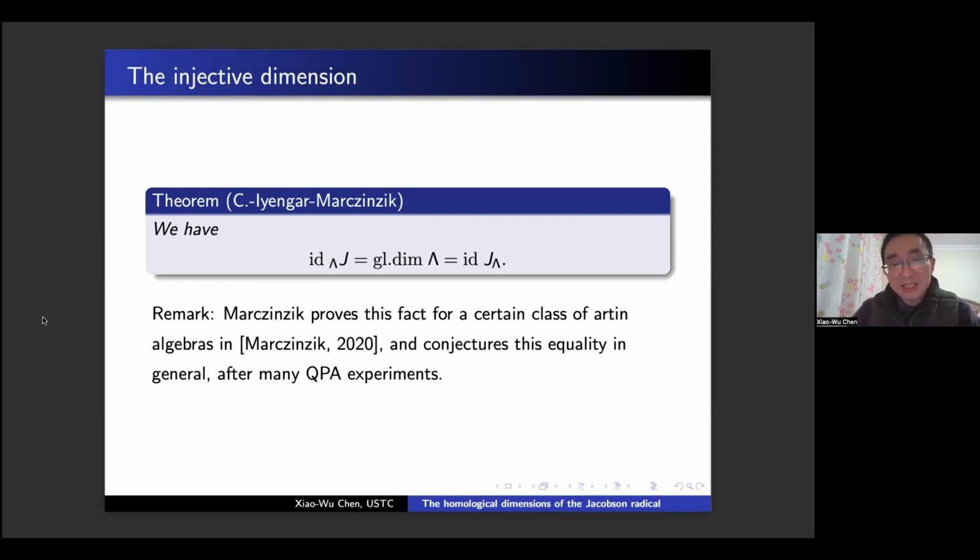A remark: René proved this fact for a certain class of Artin algebras in a short paper, but after some tests he conjectured that this holds in general.